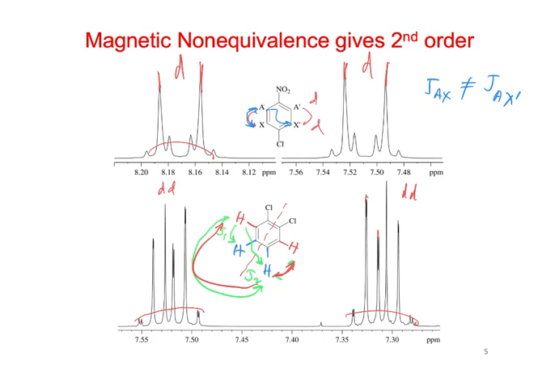But the difference would be that these two are chemical shift equivalent, but the coupling constants would be different. So let's say this one is 6. I don't know if this will show? No, so that just shows a doublet of doublets.